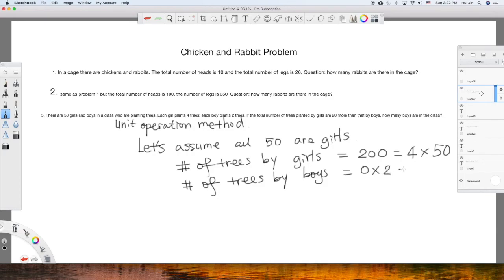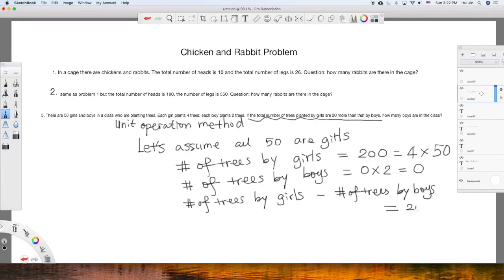Okay, so the difference will be the difference, because the problem says the total number of trees planted by girls are 20 more than the boys. Now the difference of the number of trees by girls minus the number of trees by boys is equal to 200 minus 0, equal to 200.